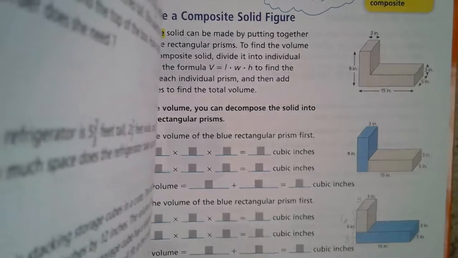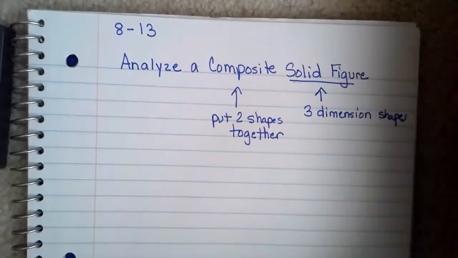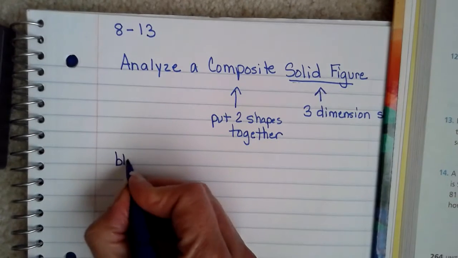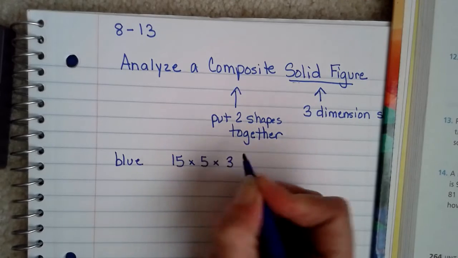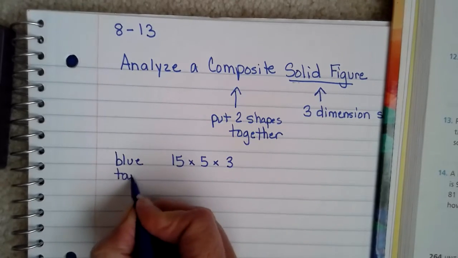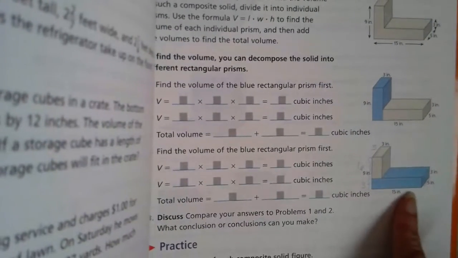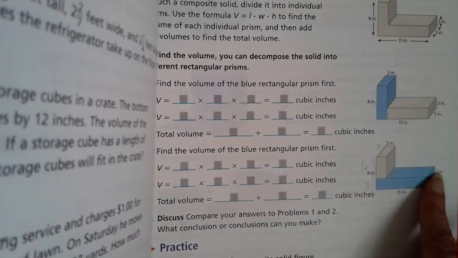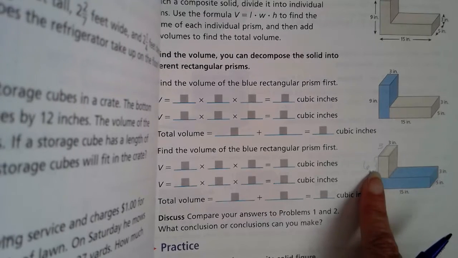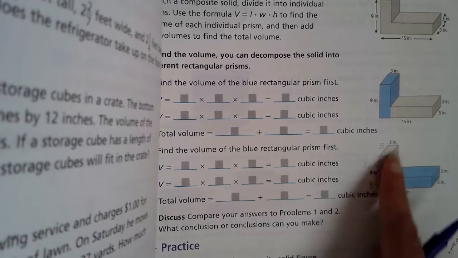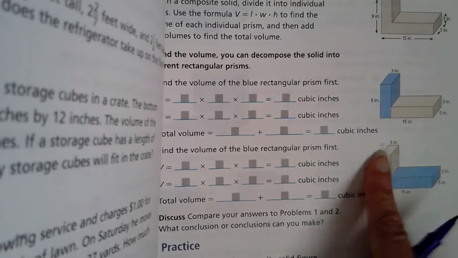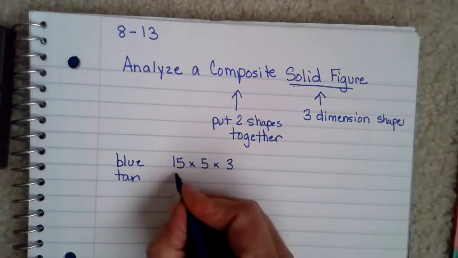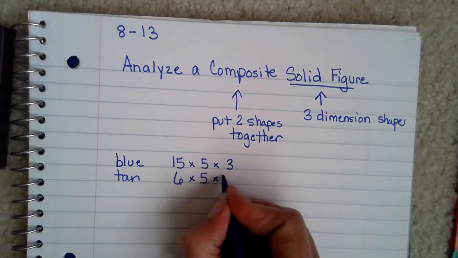The blue one was 15 times 5 times 3. And then the tan one is 6 times 5 times 3. Height, width, length.